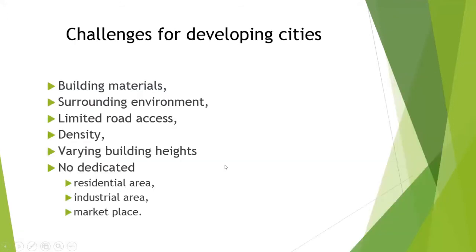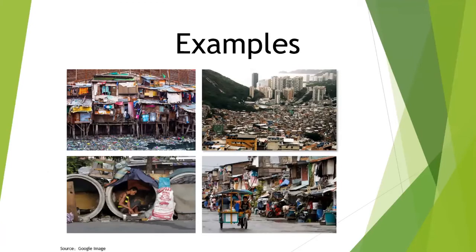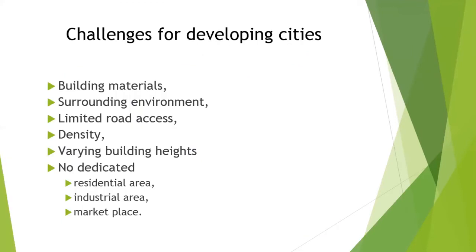However, this kind of categorization has actually been studied for developed countries, where the residential area is very much formal. The marketing area is very much formal. The industrial area is very much separated from the residential area.